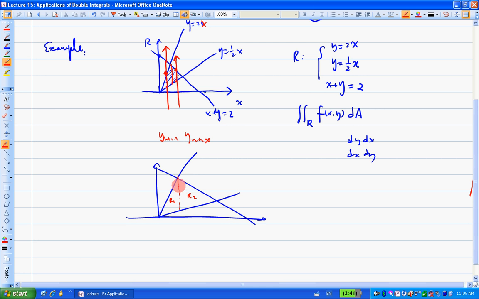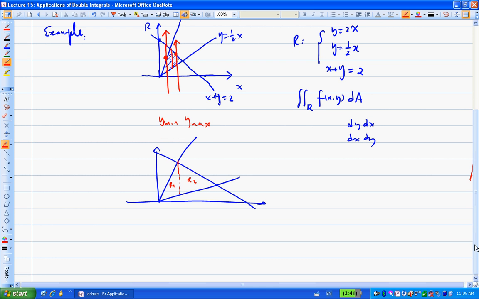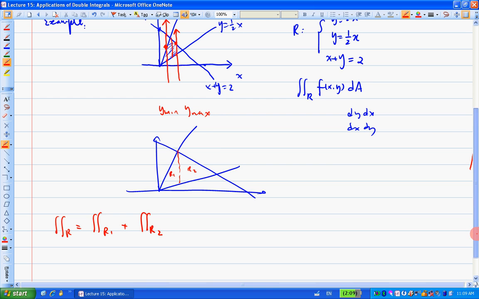Now I guess once we figure this out, we're going to be able to carry out this line integral now. So this original R will equal R1 plus R2. When you write things, I hope you can write everything here. I'm just shortening the writing here.